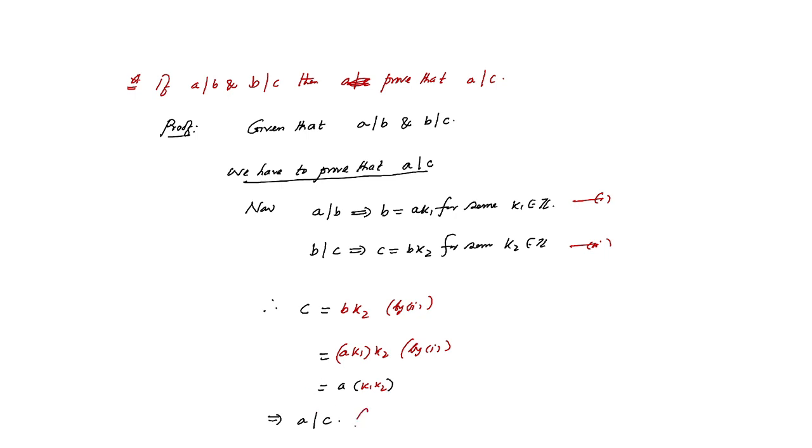That means a divides c, as k1 times k2 is an integer. Why is it an integer? As k1 and k2 both belong to Z, both are integers, and the product of two integers is an integer. So what have we proved? a divides c. This proof is simple.